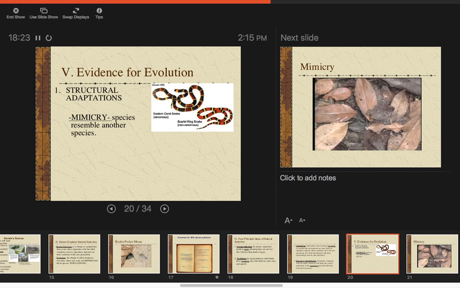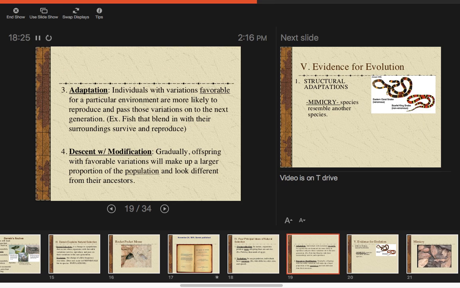Did I skip one? Yes. Oh yeah, descent with modification. So, descent with modification, think of this as each descendant is modified better and better for its environment. The bacteria that we worked with on Friday had descendants, had little babies, and each generation was more and more resistant to the antibiotics.